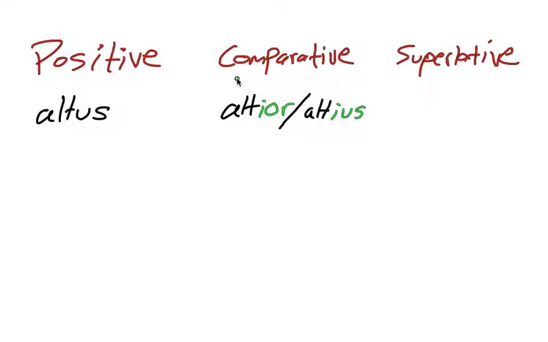So altior for masculine and feminine, and altius for neuter. So the comparative actually has 2 forms, and it's declined like a third declension noun.